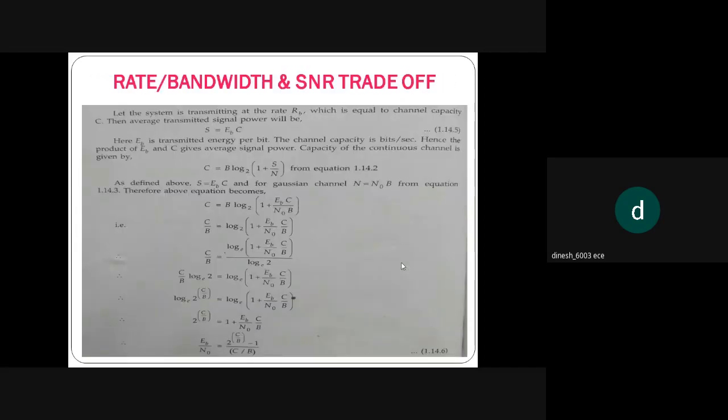In the next, we will see a trade-off between rate and bandwidth for the channel capacity. So consider a system having a signal power S, which is represented in terms of energy per bit.